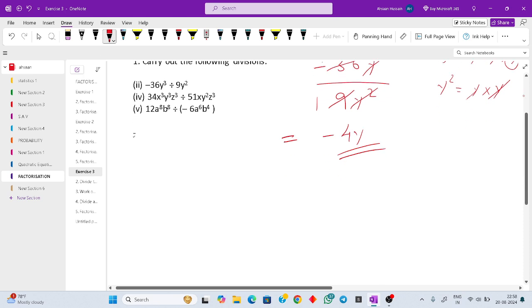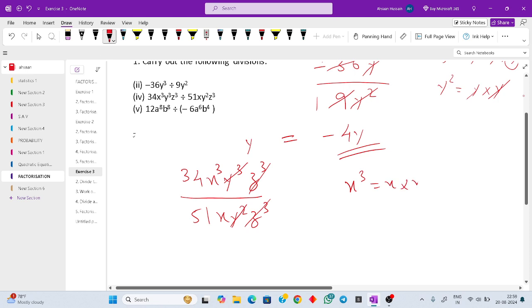The next question is 34x cube y cube z cube divided by 51xy square z cube. Obviously z cube and z cube will get cancelled, and y cube and y square means one y is left in the numerator. x cube means x into x into x, and x means only one x.